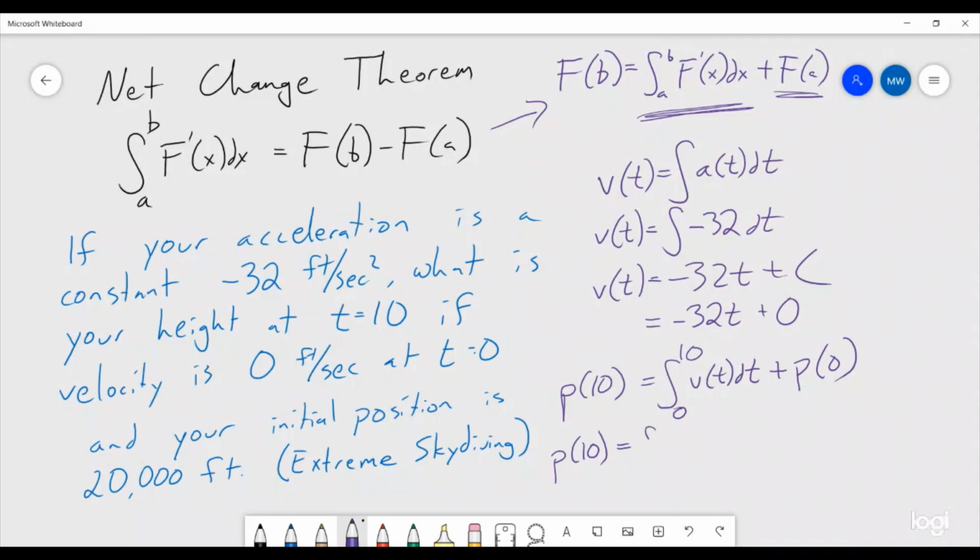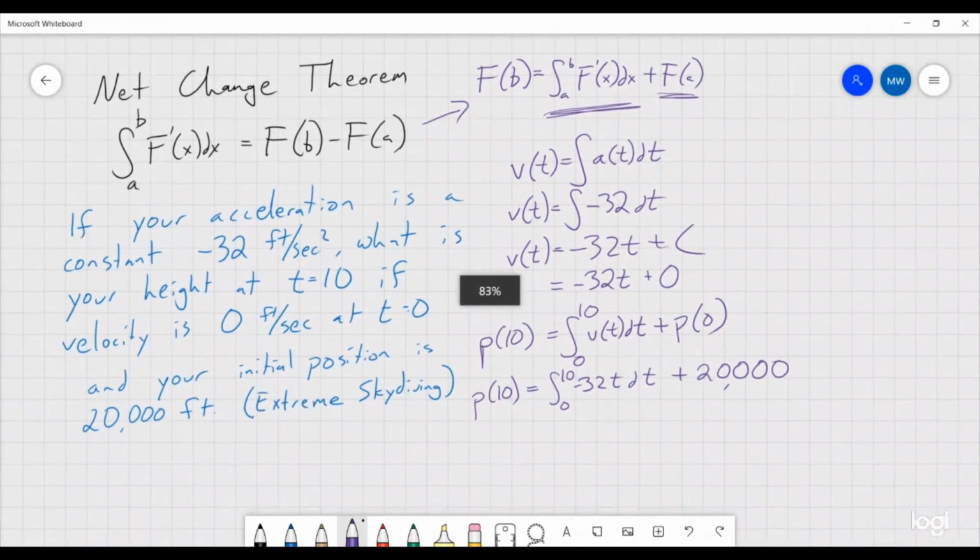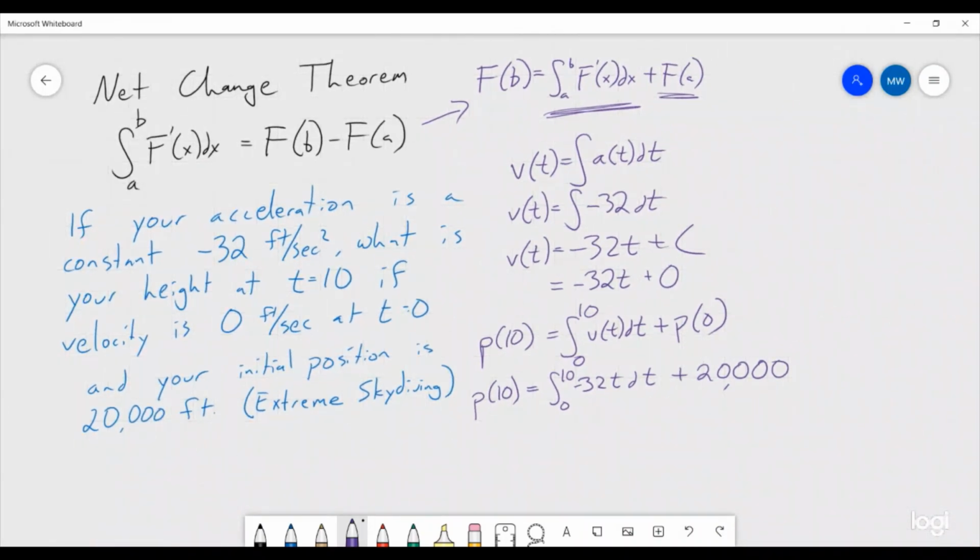So p of 10 is equal to the integral from 0 to 10 of -32t dt plus p of 0, which is 20,000. We put all of this together. What's the integral of negative 32t? Well, that is going to be negative 16t squared evaluated from 0 to 10 plus 20,000.